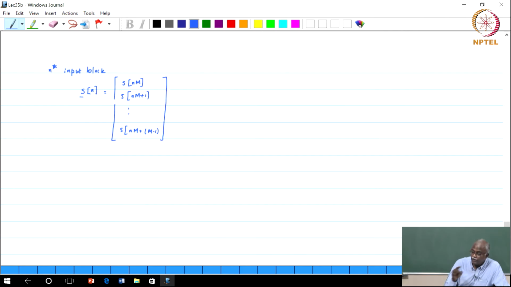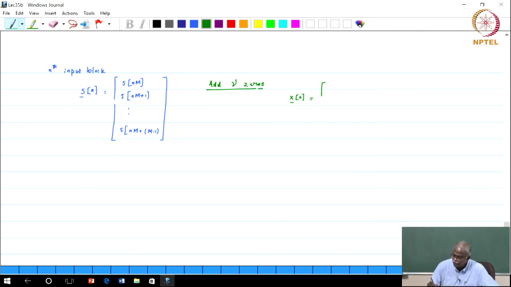Okay, this is the blocking operation that is happening right at the input. Now, to this we have to add some number of zeros, nu zeros, the number of which depends on the number of taps in the channel. That will produce for me the vector that will get processed through the channel.